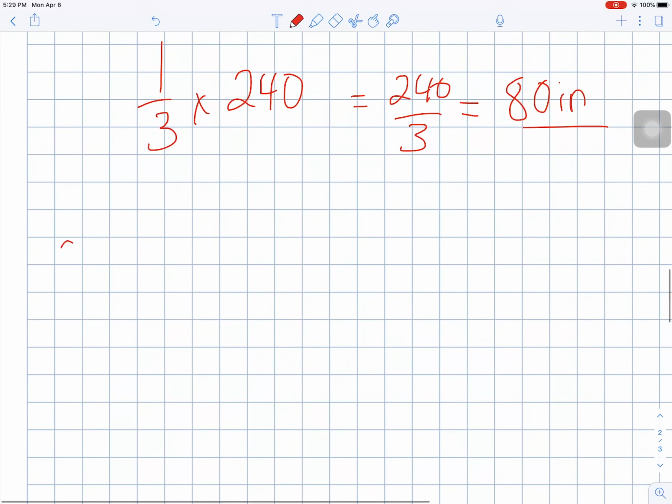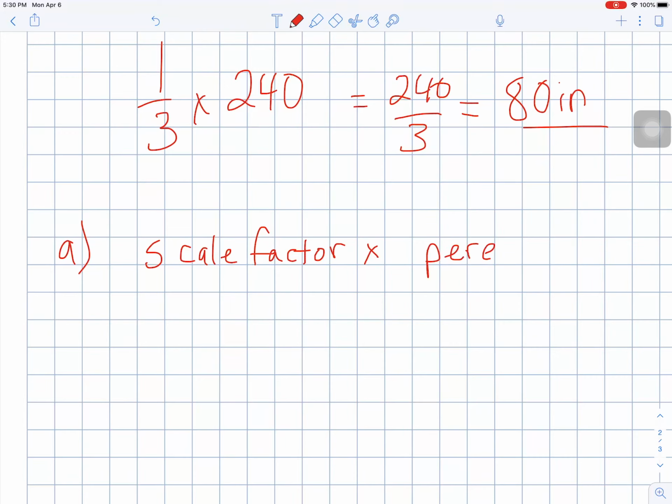So let's go through the practice set here. A says, if you know the scale factor between two polygons, describe how you can find the ratios of their perimeters and area. So scale factor for perimeter times perimeter.